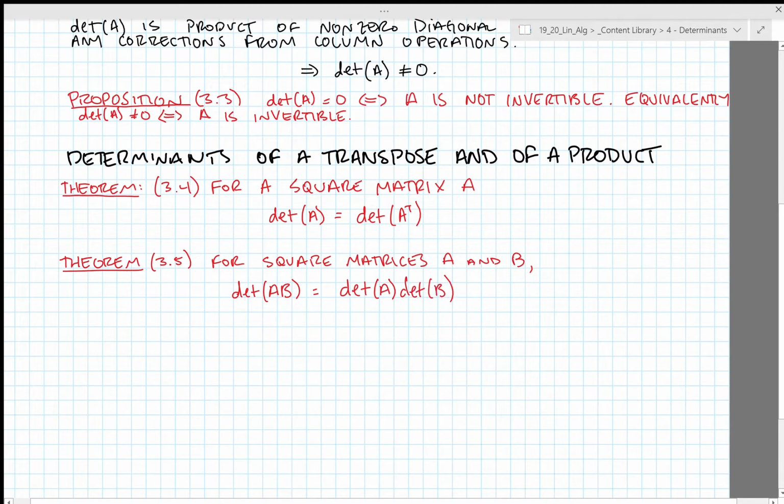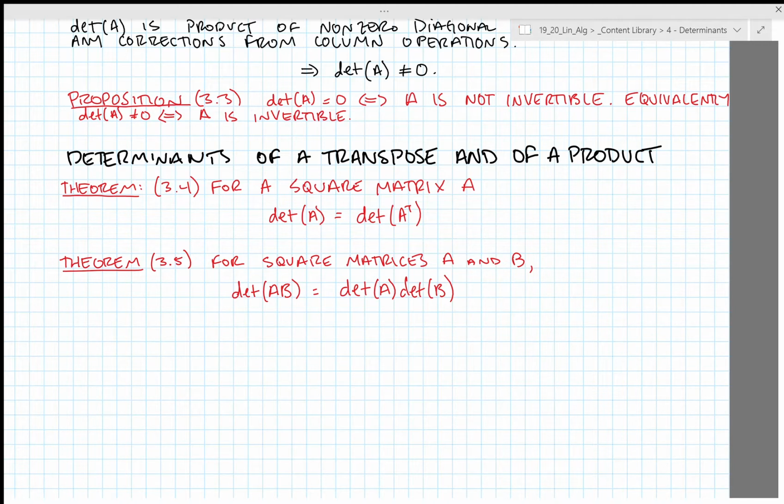Which is also a really nice property to have, right? You can calculate each determinant individually, and that's what we're going to use it for. If you have some matrix that's the product of a bunch of other matrices, you could do the determinant of all the other matrices individually, and then multiply them all out. And that's the power in this.